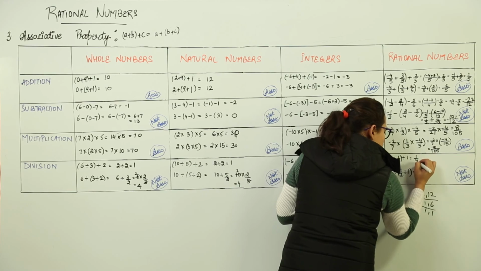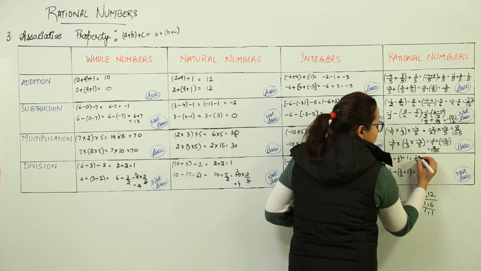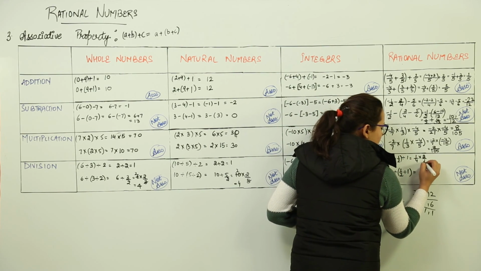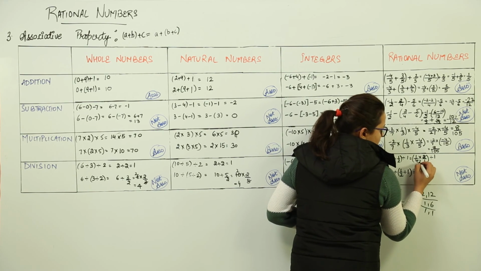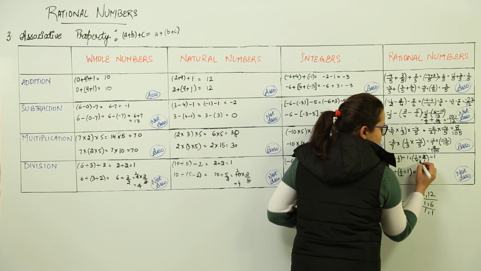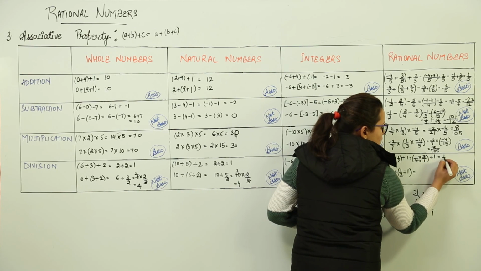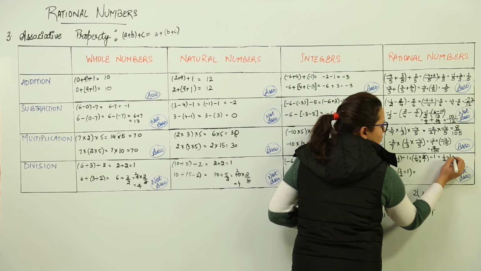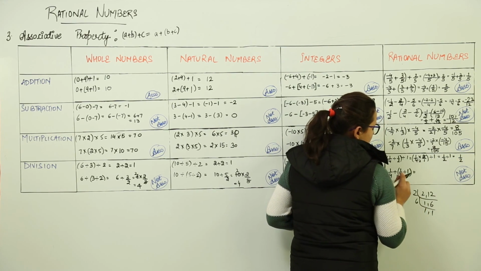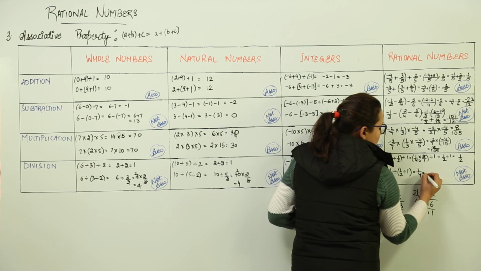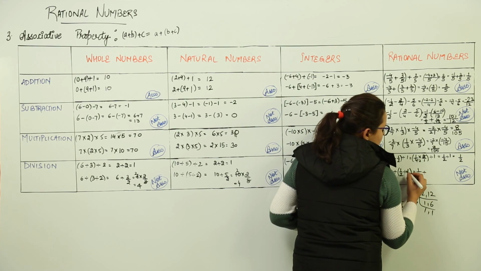1 by 4. This division can be solved directly into 2 by 1 divided by 1. This gets solved to 2. Now what do we get? 1 over 2 divided by 1. Anything divided by 1 gives you the same answer. Now here 1 by 4 divided by, what is 1 by 2 divided by 1?